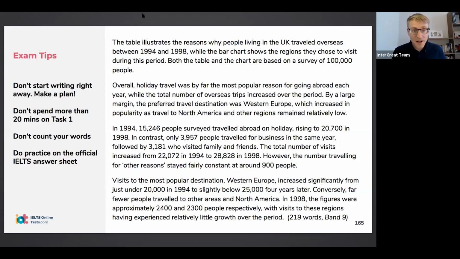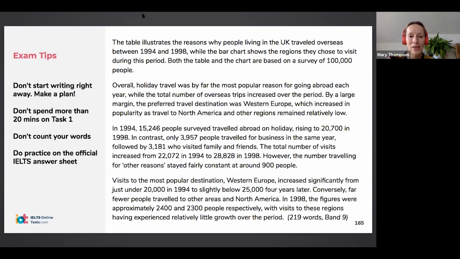Excellent. Let's see. Question from Jenny. What does it mean, followed by, in this context? So I think this was earlier on, the third paragraph, the second sentence. Yeah, in contrast. So it just means it's the number that's next.